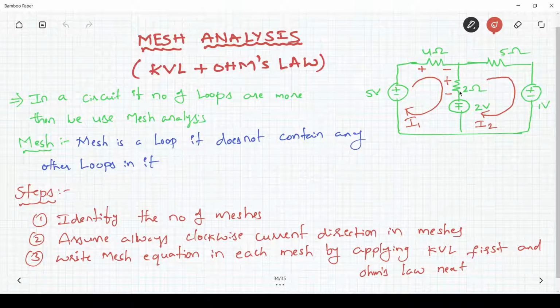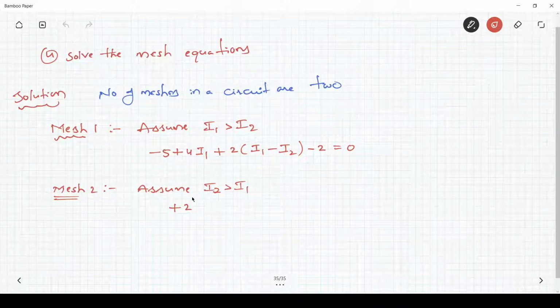I always told you, first assume a clockwise current direction, then put positive and negative signs along the current direction. Now current is moving towards the 2 ohm resistor. This I2 touches the positive terminal of the 2 ohm resistor. So the voltage drop is V equal to IR, that is I2 into 2, so 2 I2.